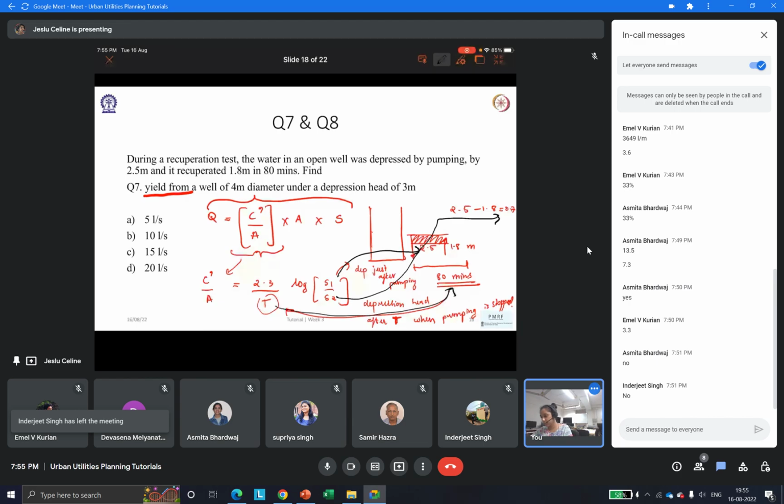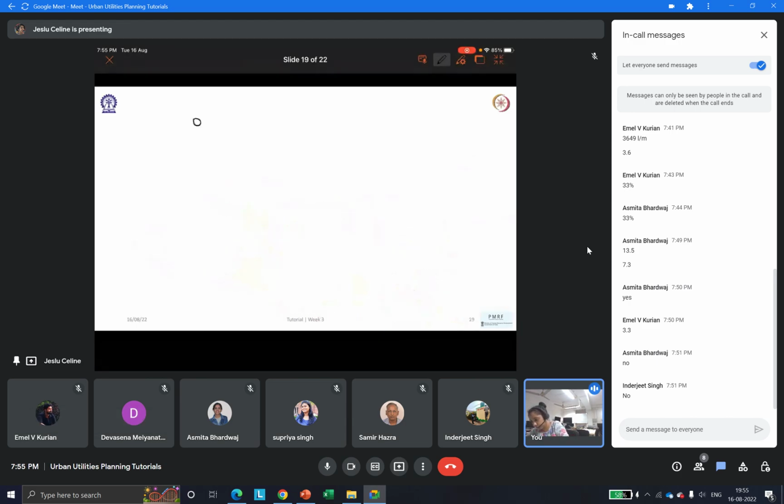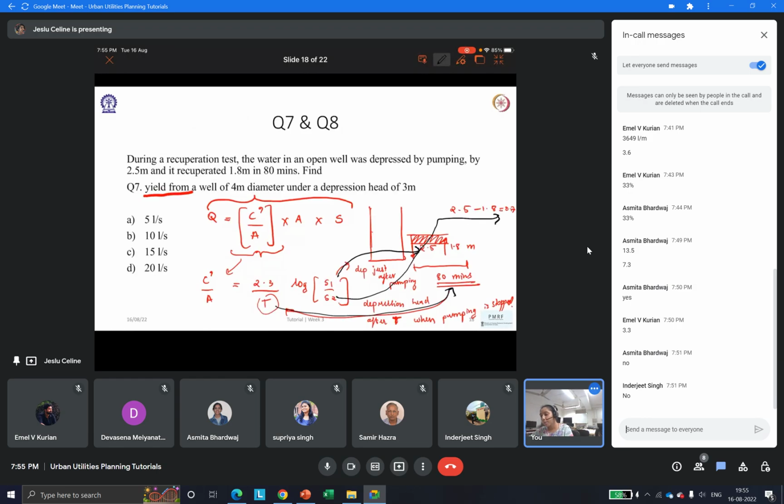I'm just writing it down here. Q is equal to 2.3 divided by the duration, given as 80 minutes. But we have to convert this into hours, because the formula says that it is the duration in hours.